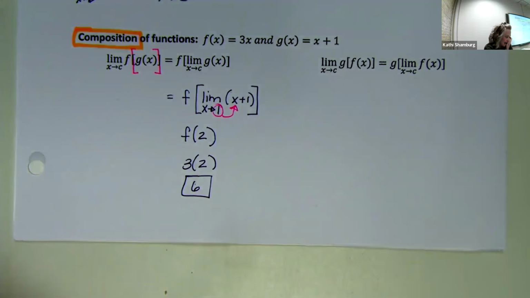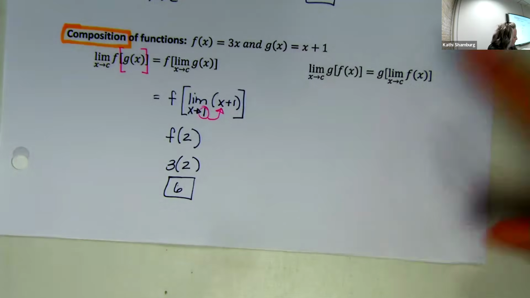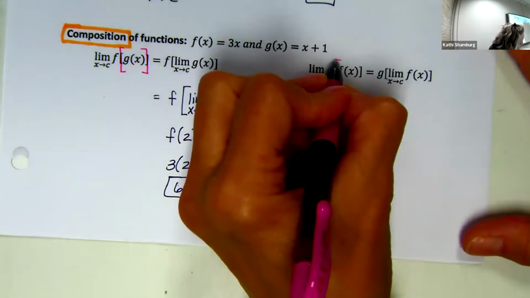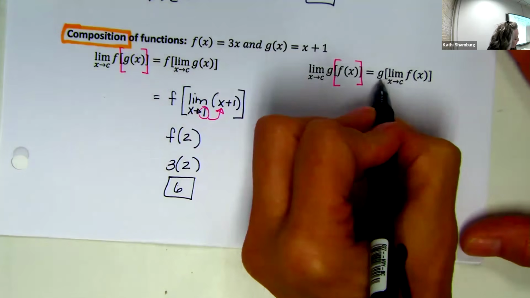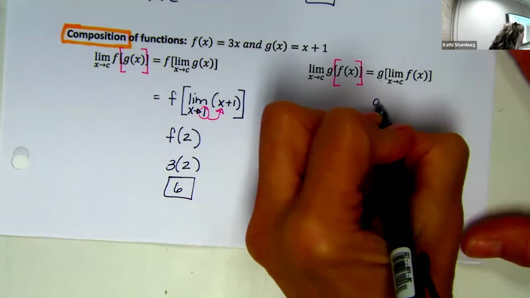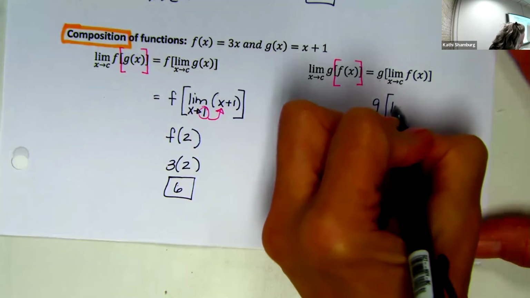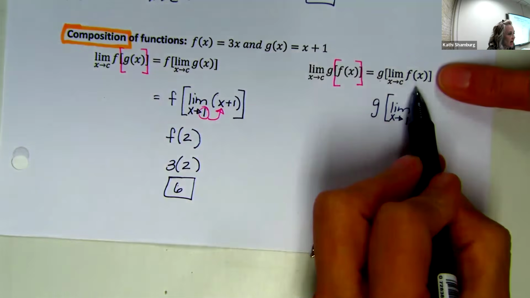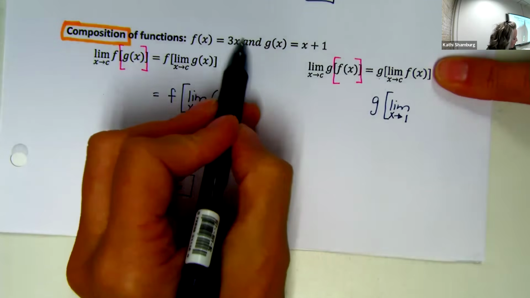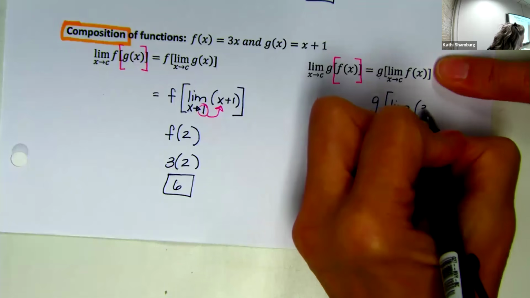All right, so here it's the same thing, but they just switched that. So in this one, if you'll see, the g is pulled out. So I am going to do, again, the limit as x approaches 1, and for f at x, I'm going to put the equation that they gave me.